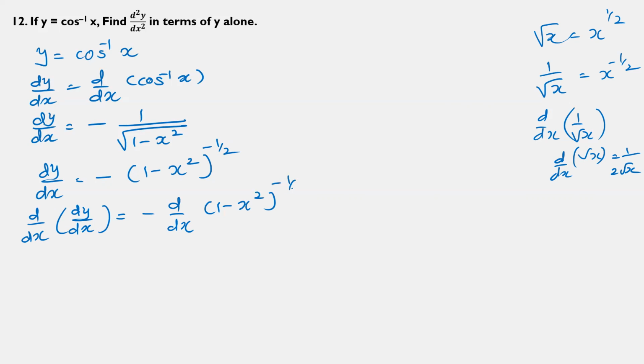Minus outside I took, you can see that I took minus outside. Minus is irrespective of this d by dx. So d2y by dx2 is equal to minus outside. And I need to do here, first thing I can see that it is having power.